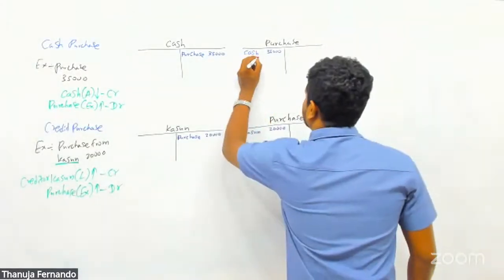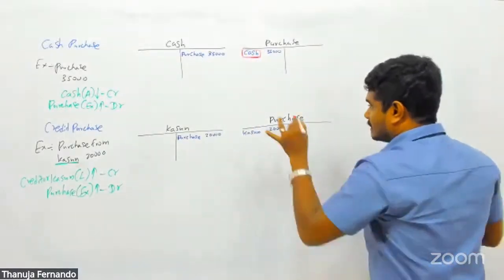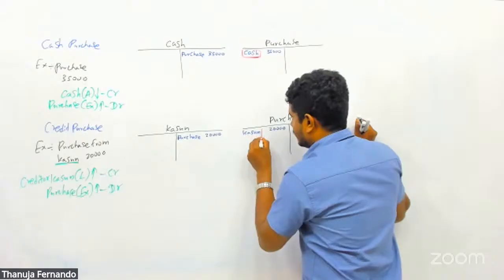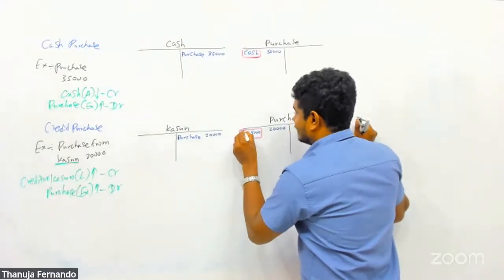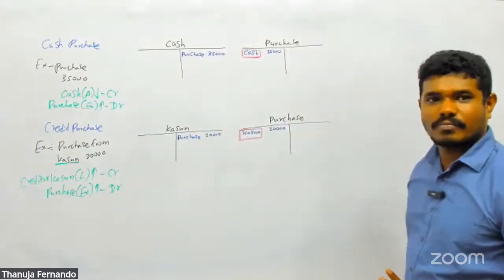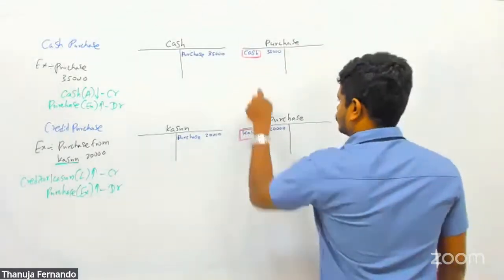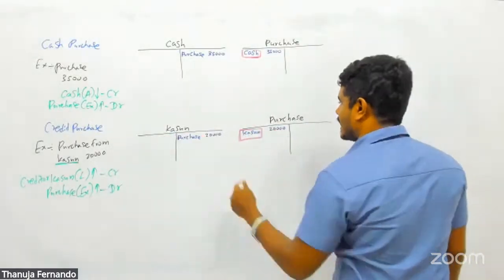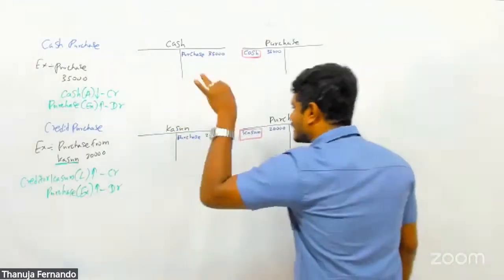It is one indication. In the purchase account, if a person's or business name is mentioned in the description, then we know it is a credit-based purchase. One indication, right? On the other hand, here in the description mentioned as Kasun means there must be an account for him.